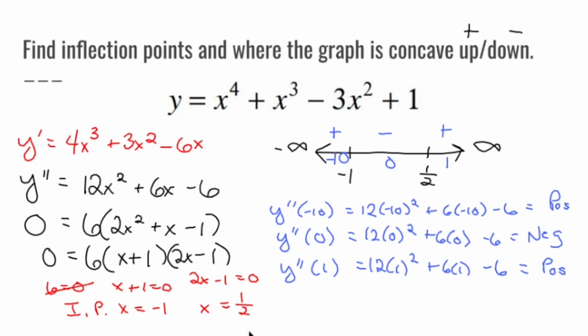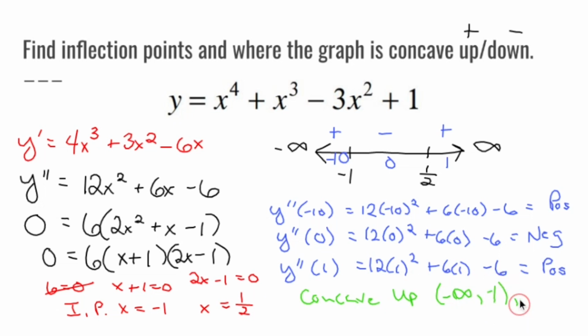Now what this means is inflection points tell me where it's neither concave up nor concave down. That's the switch between concave up and concave down. That's what inflection points give me. This is the change. So what I know from this information is my graph is concave up on the intervals connecting -infinity and -1, but not including -1 because it's 0 there.